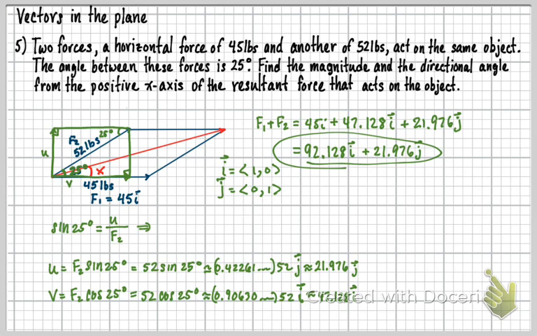So now what we're going to have to do with this is we're going to take the magnitude of that, because that's truly what our force is going to be here. It's the magnitude. It's not the vector itself. So to get that, we're going to have to use Pythagorean theorem. That's the idea. So that's going to be the magnitude of the vector F1 plus F2.